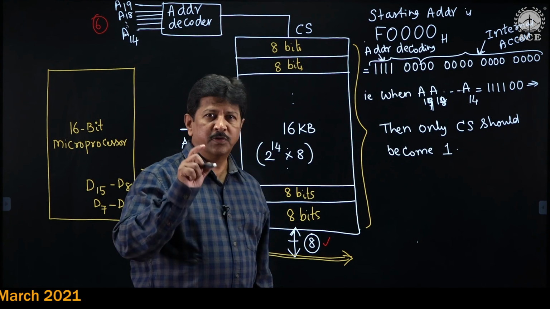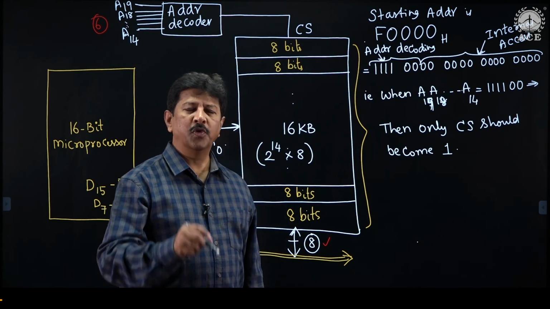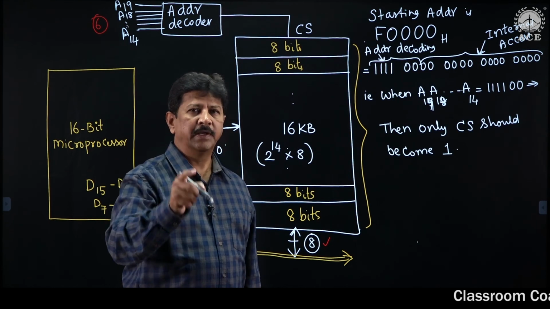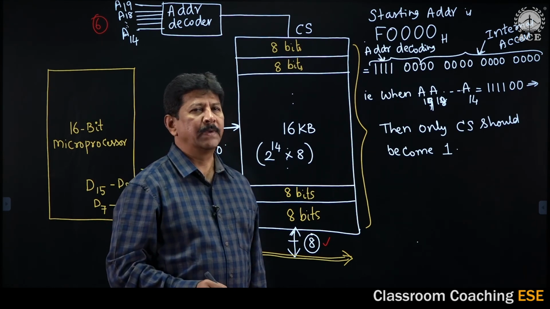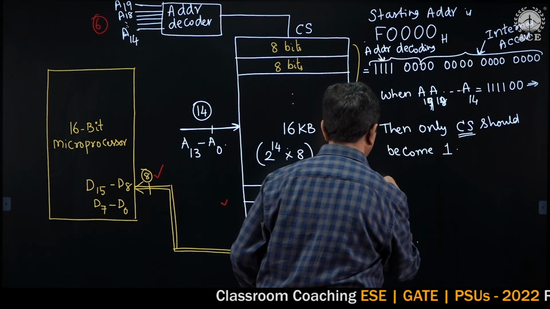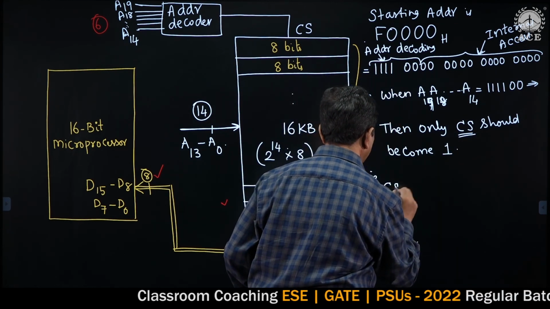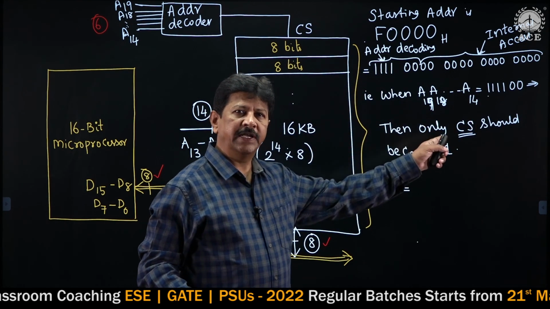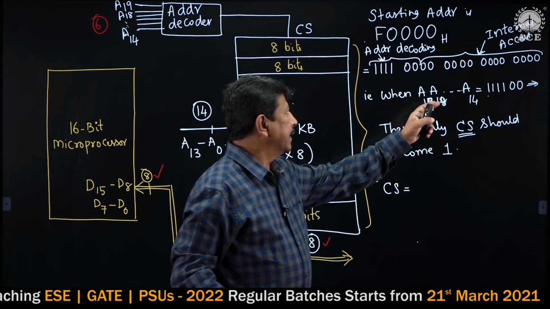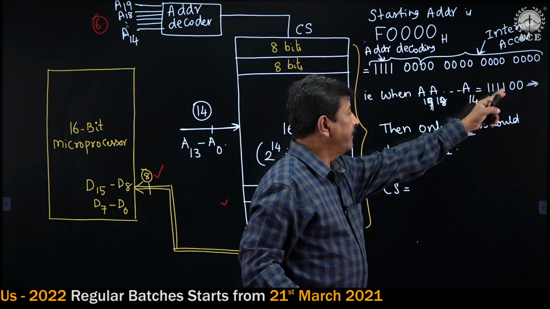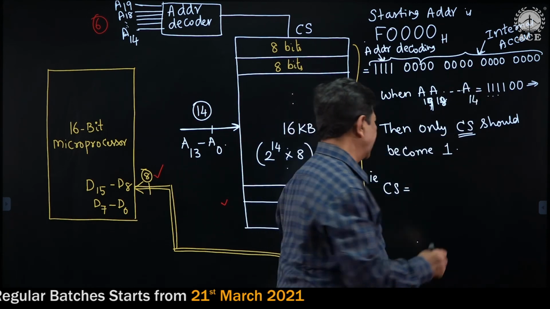That means it is absolute decoding. Only for that particular value of A19 to A14, the chip has to be selected. That's the reason the expression for CS is A19, A18, A17, A16, A15 complement, A14 complement.